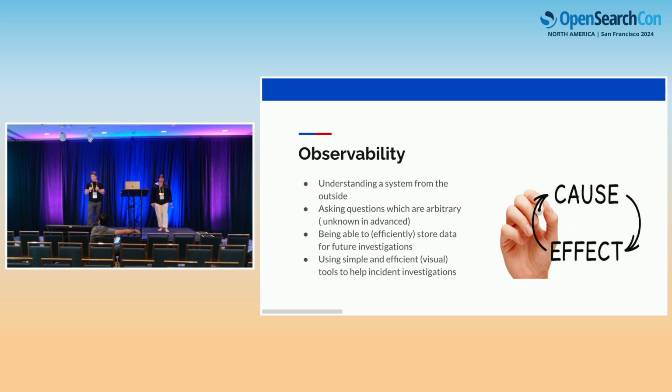Being able to understand the system requires understanding the data. Understanding the data also requires storing the data, and storing it efficiently so we can ask questions which are arbitrary. We don't know in advance how the system would behave, so we need to compose these questions as we go along, as we understand the system, and we need a very simple and very intuitive visual way to understand the system.